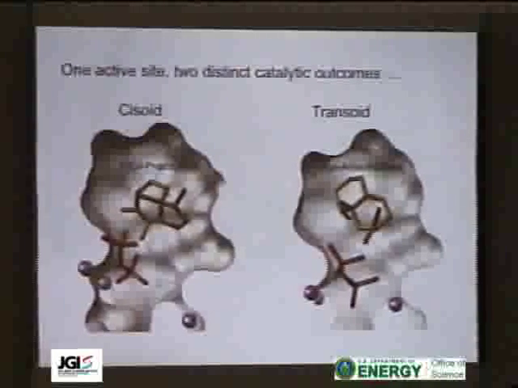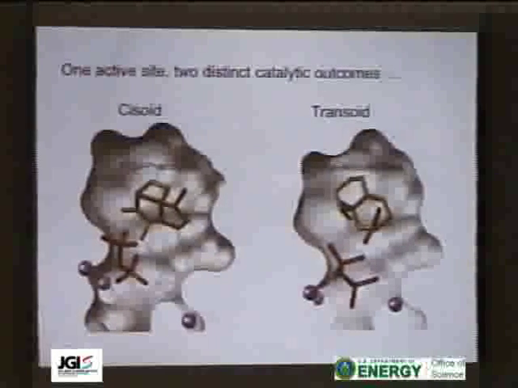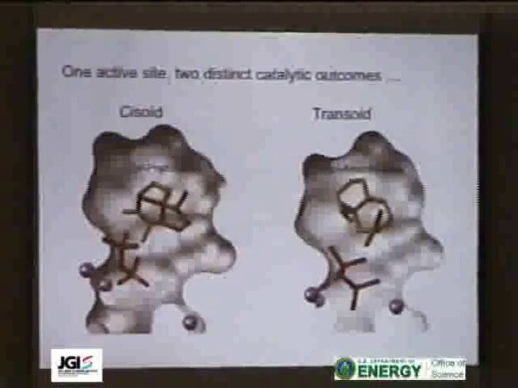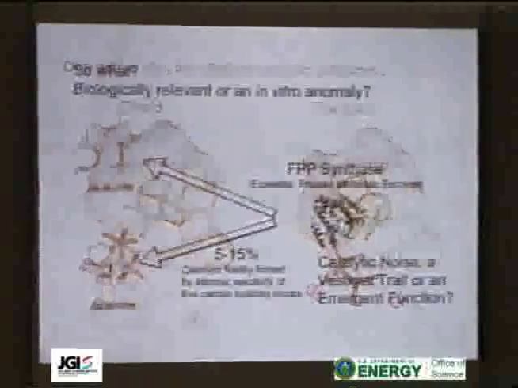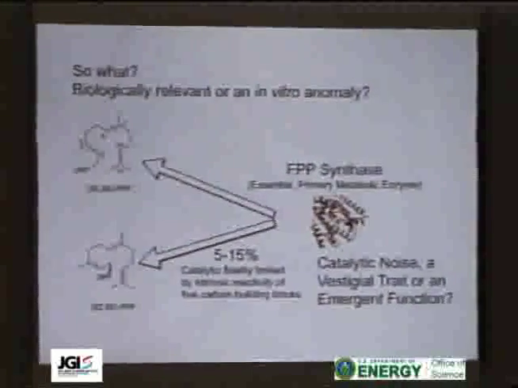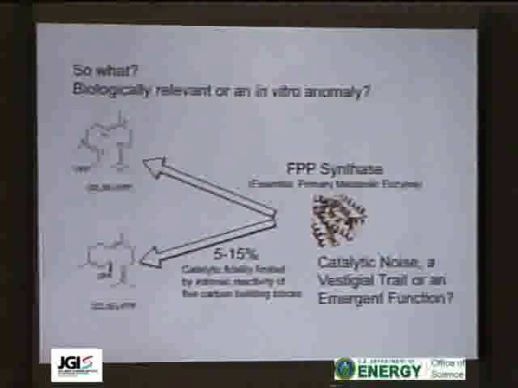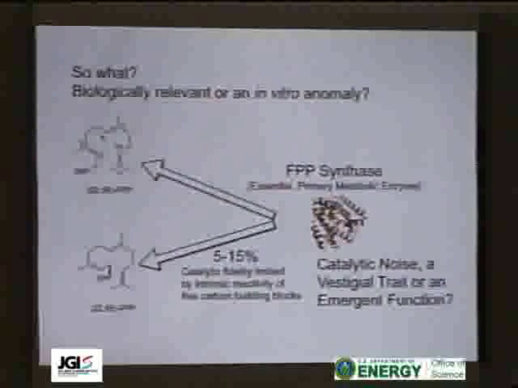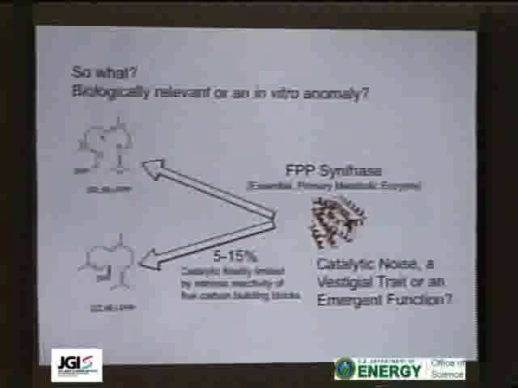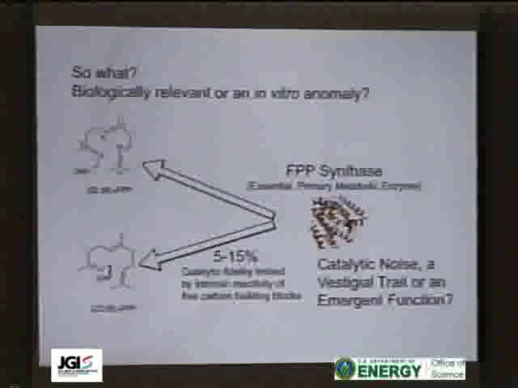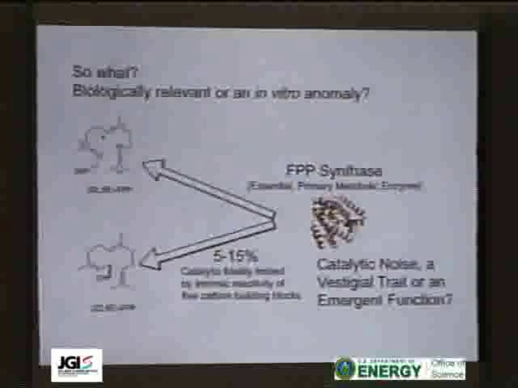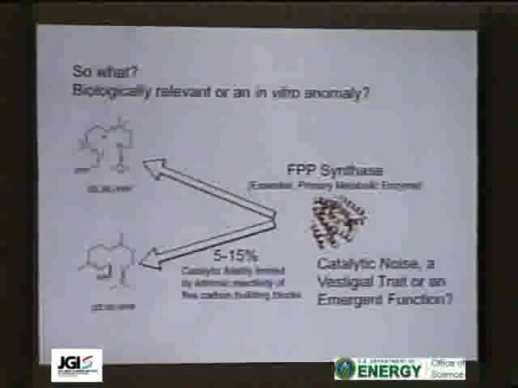And here are the final products, again consistent with the active site structure elucidated by X-ray crystallography. So we're left with this question: so what? Is this biologically relevant? Just 2 things to mention in passing. One is that FPP synthases, it turns out that our so-called non-natural cis-trans FPP substrate isn't so non-natural.